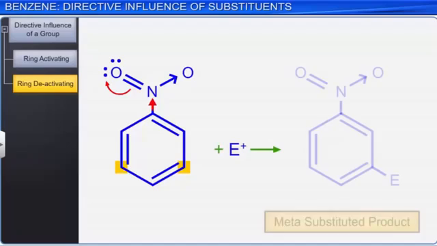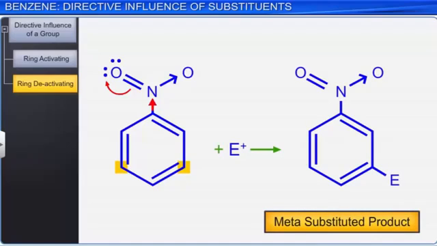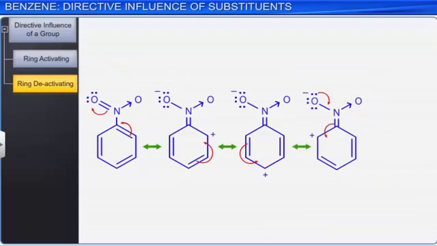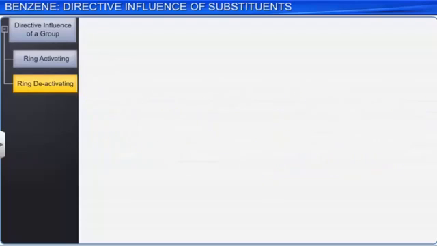The following resonance structures of nitrobenzene show that the electron density is less concentrated at ortho and para positions than at the meta position. Thus, ring deactivating groups are said to form meta-substituted compounds.